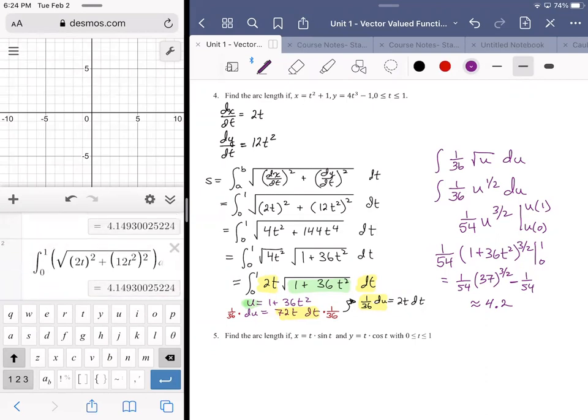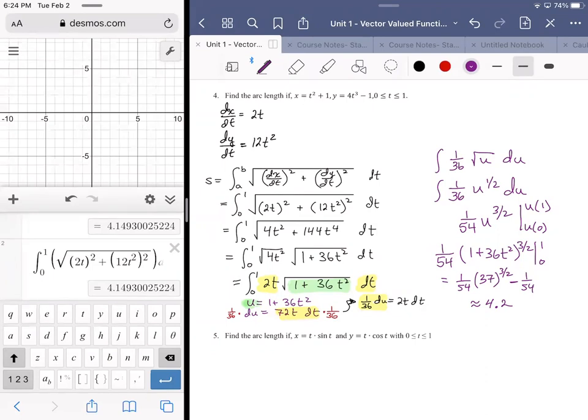All right, so 2t squared plus the 12t squared again, then close up the integrand. So parentheses to start the integrand and parentheses to end the integrand, slap on a dt at the end, and you'll get it, in this case, 4 point.